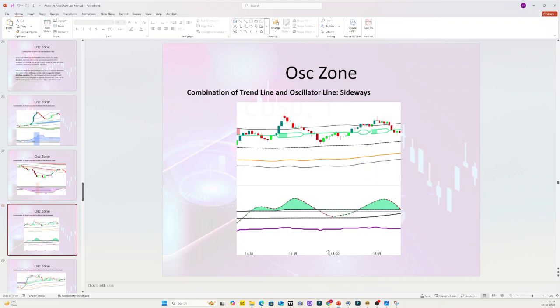Here it is sideways, because if you see the purple colored trend line, it is in the bearish phase, but the momentum is in the bullish phase. So you see here the green color, and the price is not moving sharply up, and it is almost sideways.